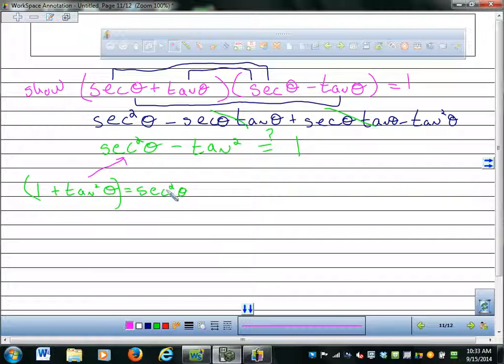So I'm using this Pythagorean identity right here to simplify this. And then I get 1 plus tan squared theta minus tan squared theta equals 1. Does it equal 1? And these go away, right? Because you get 1 equals 1, and you go, okay.